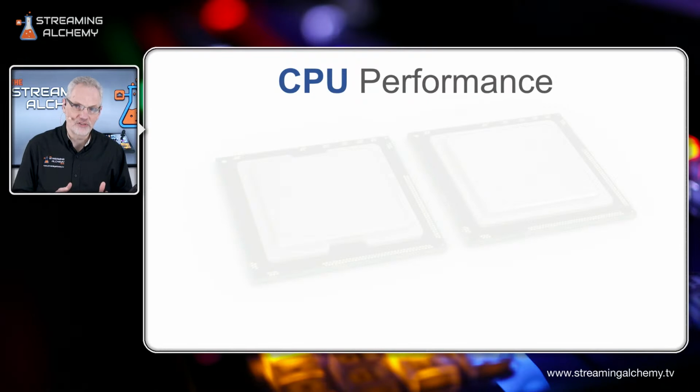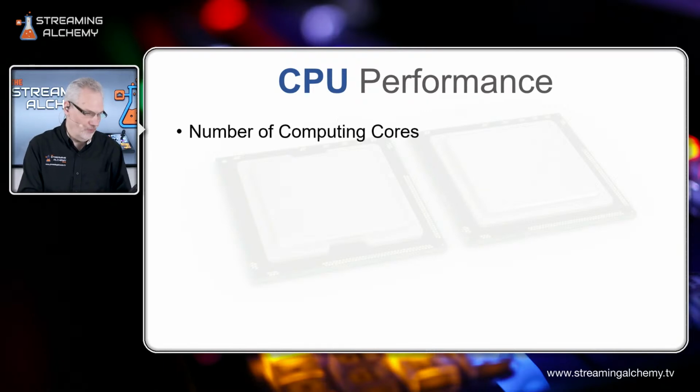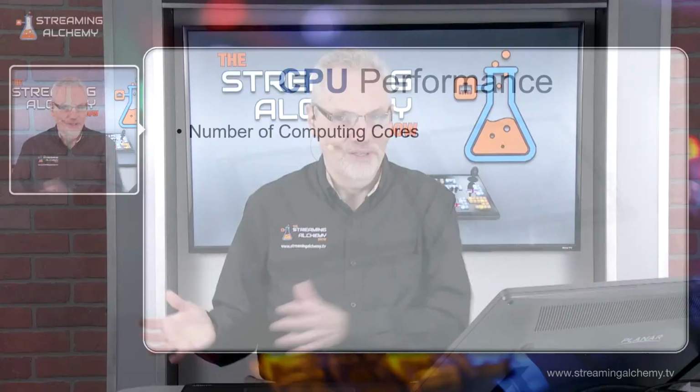And there's a lot to consider though when you are thinking of CPU performance and capabilities. So the first one is something that are called computing cores. Now in the distant past, your CPU used to be just one computing core. It just did its thing and everything happened, sort of in sequential order.